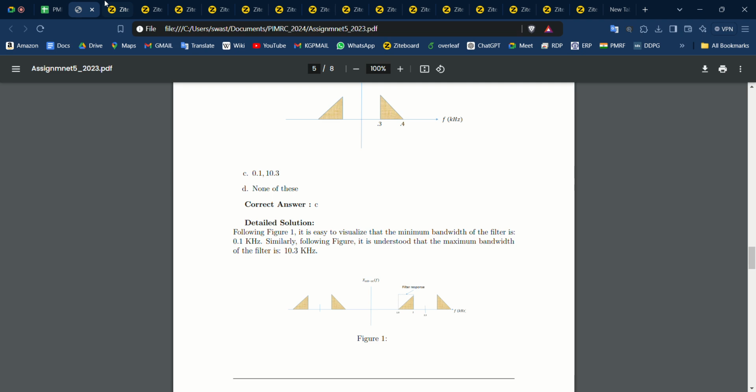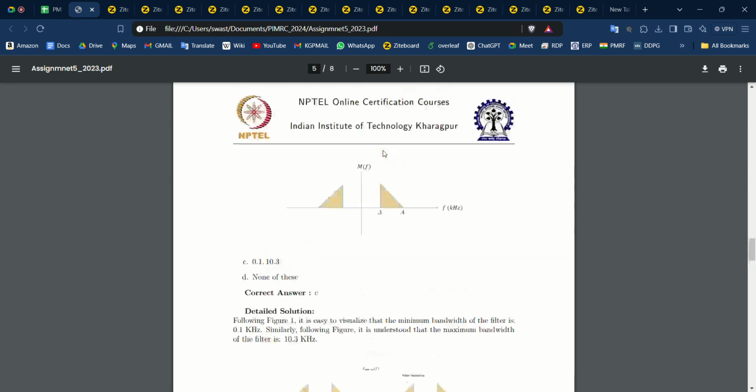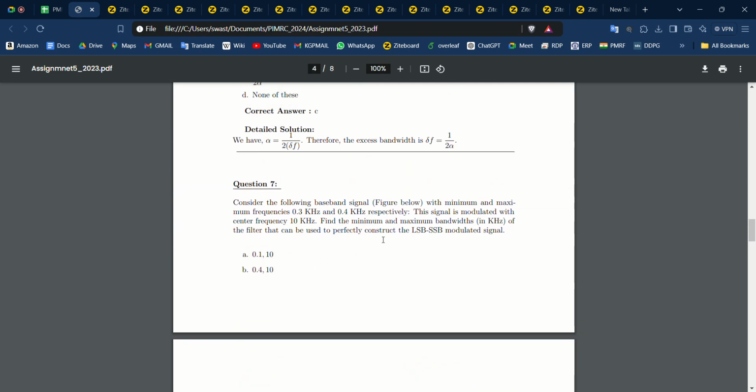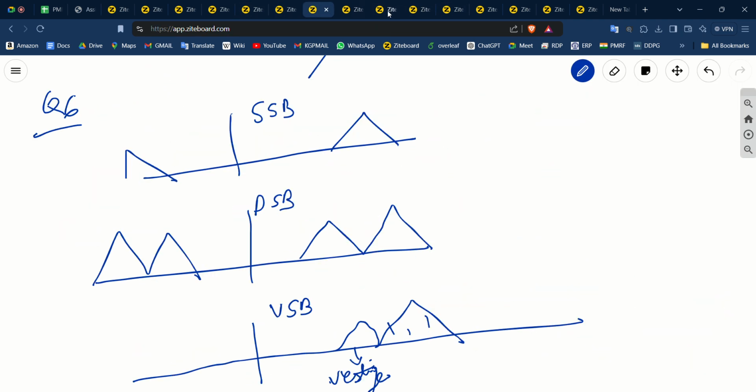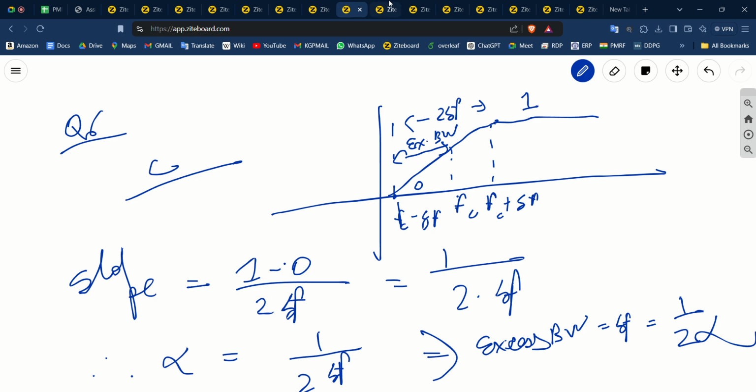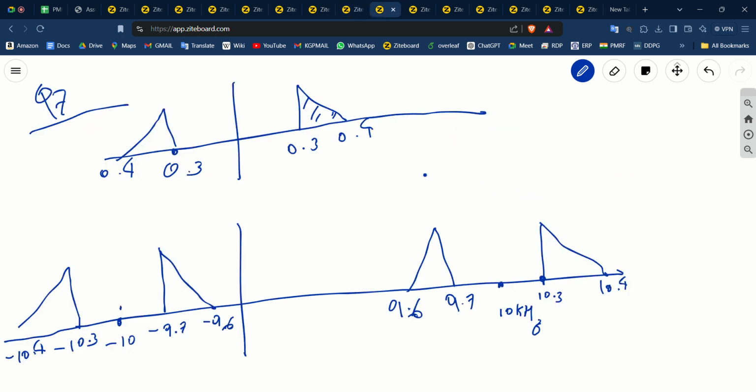So what is the minimum cutoff to extract? Now what is the problem? The problem is that you have to find the minimum and maximum bandwidth of the filter that can be used to perfectly construct the lower sideband SSB. So we have to extract only the lower sideband. So the minimum filter that we need is this much.